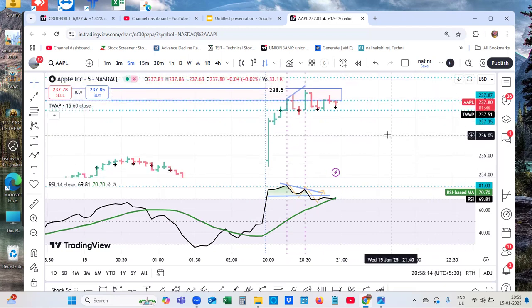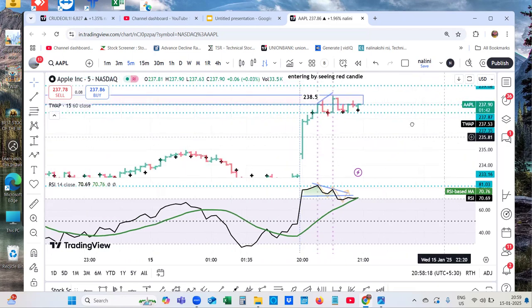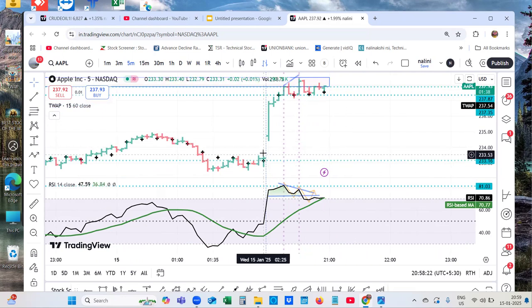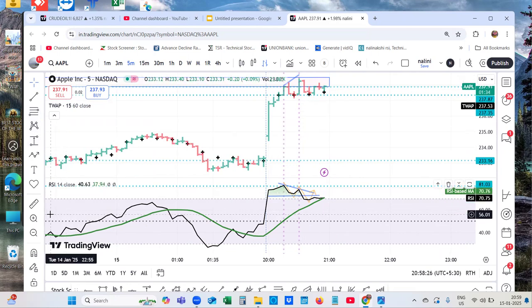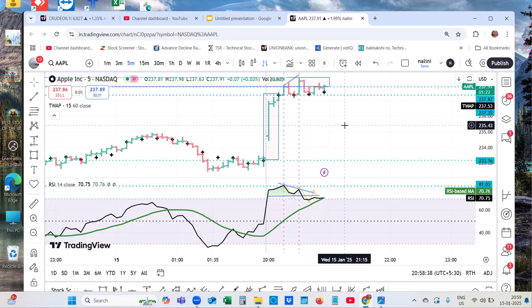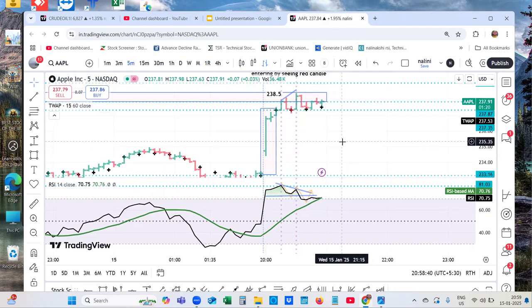Only if the market gives you a discount in intraday, when it comes near this, there is a gap. And in my previous video, I mentioned the TWAP gap. There is a gap in the average price that will help us.